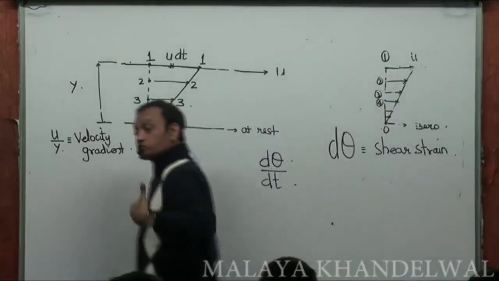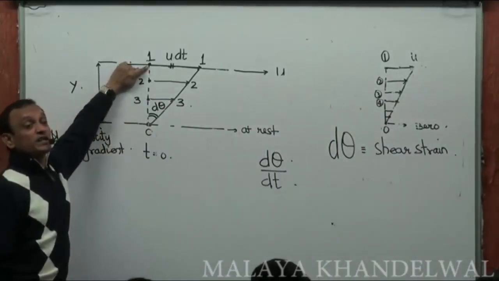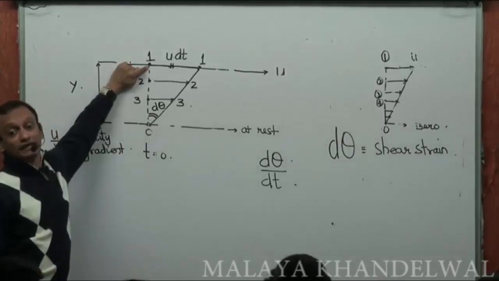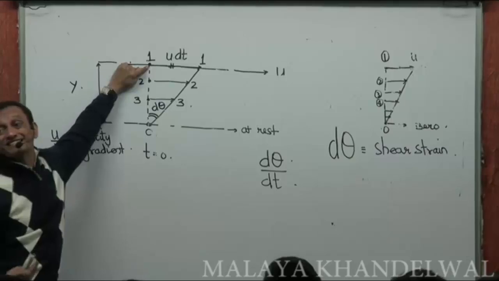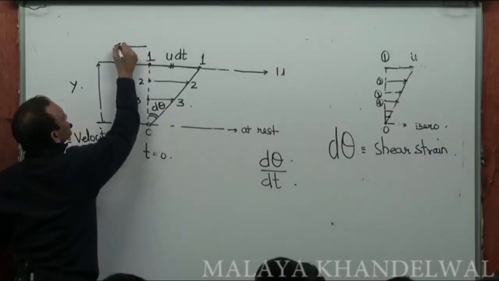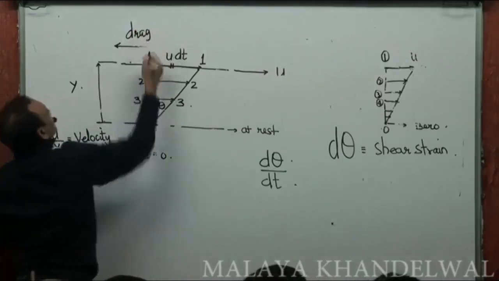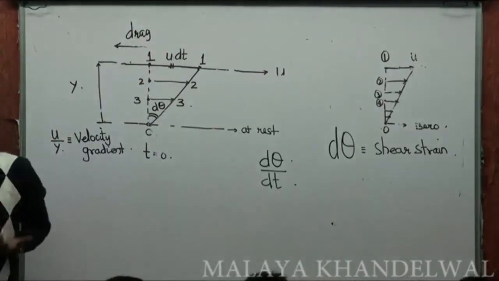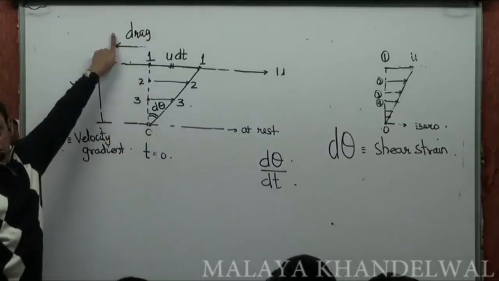Now, because of this shear strain, let's say the top layer will experience what's called a drag, which is a shear stress. The drag here is what's called the shear stress. The drag will be in this direction. In this direction, the topmost layer will experience a drag, a force opposing its motion.